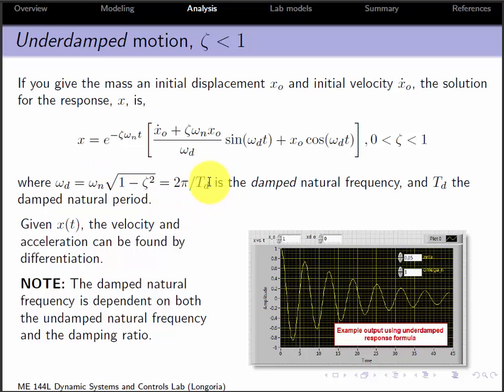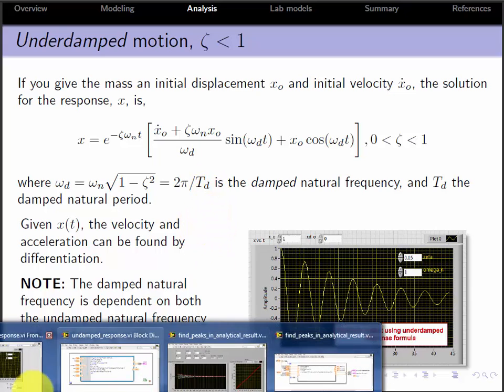This also defines the damped period. So make note of those two terms. When you go into the lab and you've got an underdamped system, these are the parameters that you can measure. You can measure the damped period from a signal, say from an accelerometer. You can't measure the natural frequency, and we'll talk about that shortly.